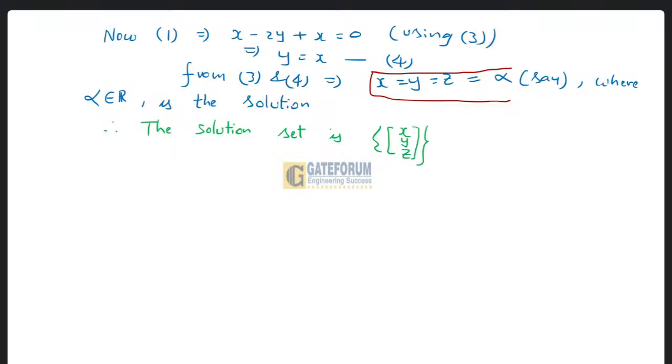Each is equal to alpha, so alpha is common. I can write this as alpha times the column matrix 1, 1, 1, where alpha is a real number. By giving real numbers one by one, you will get infinitely many non-trivial solutions: alpha 1, alpha 2, alpha 0.1, alpha minus 3. You can take alpha equal to 0 also. 0, 0, 0 is also a solution.